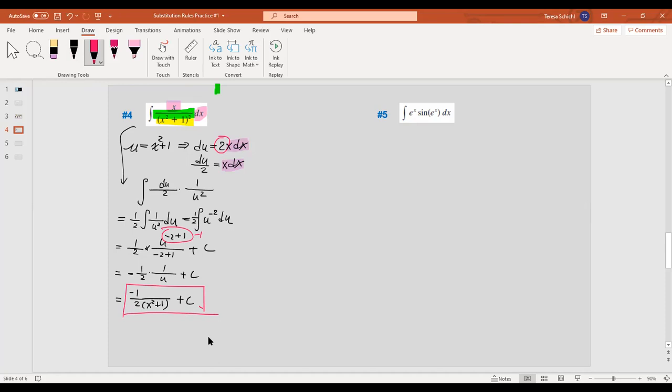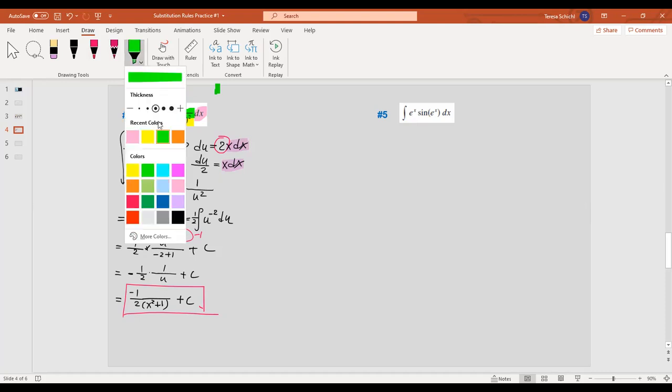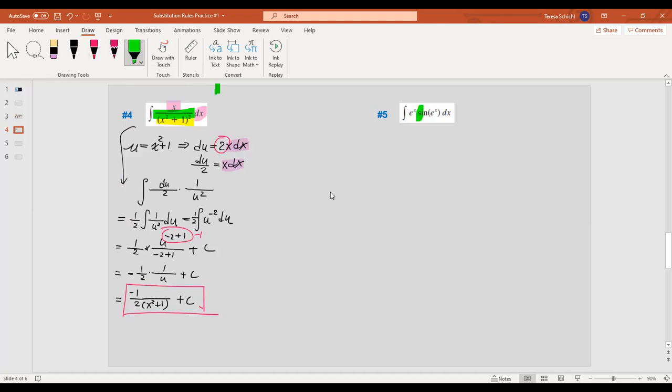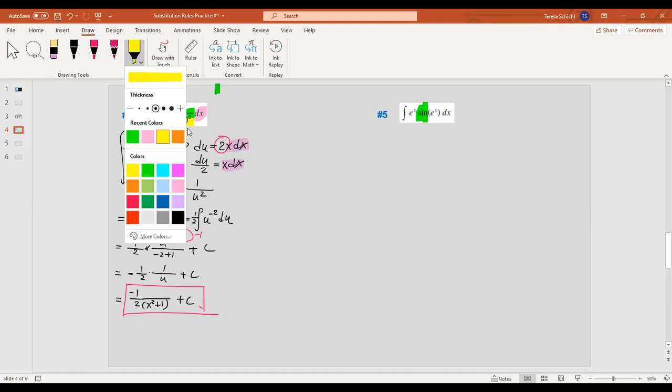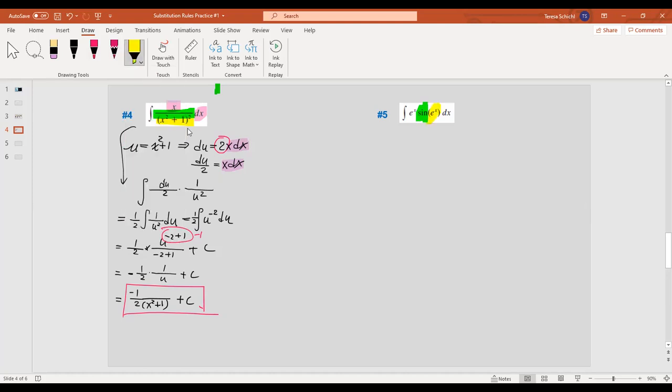For this one, we use the antiderivative formula for the trig function. It's very possible this will be the function you try to use. If so, then the remaining part is the candidate for du.